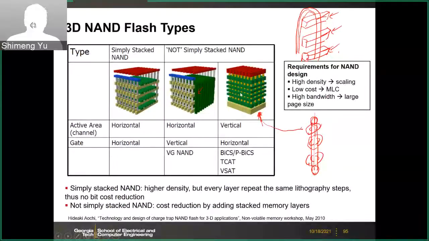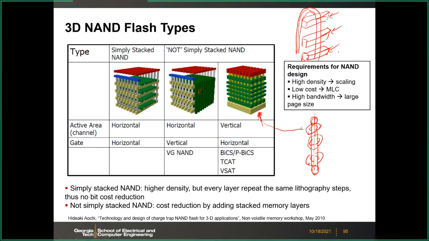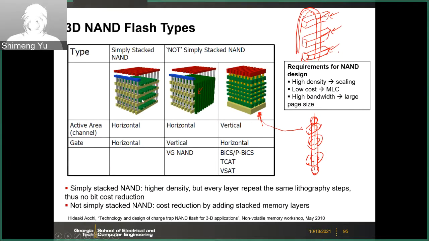So the idea is that when you do the 3D stacking, for example, if you do the first approach, you can stack multiple tiers on the same two-dimensional space. So you save the area, but you may not save the cost. So essentially what the industry cares about is the cost, dollar per bit or per gigabit.